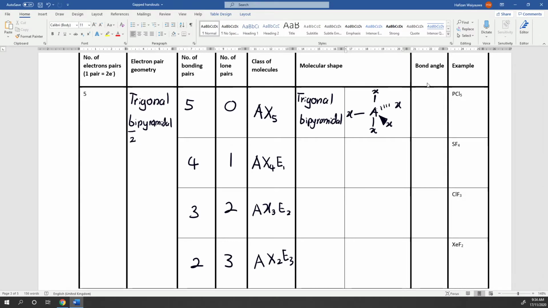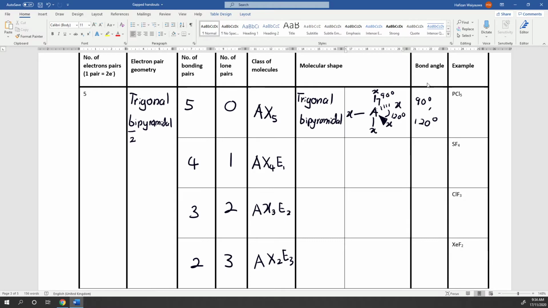Okay, so like before, form trigonal bipyramidal, which has two bond angles, so 90 degrees and 120 degrees.